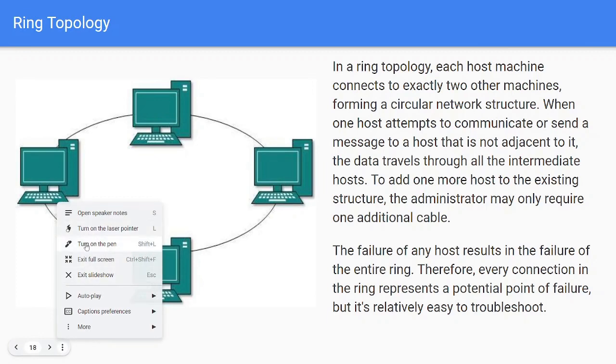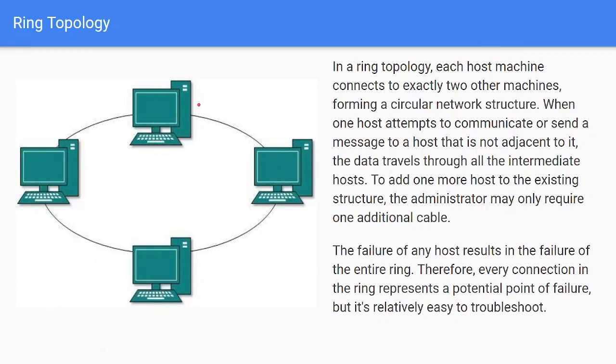Alright, so let's say you want to add another device. All you need to do is just add the device like this and then connect this one to this one. That's all you need to do when you want to add an extra device.